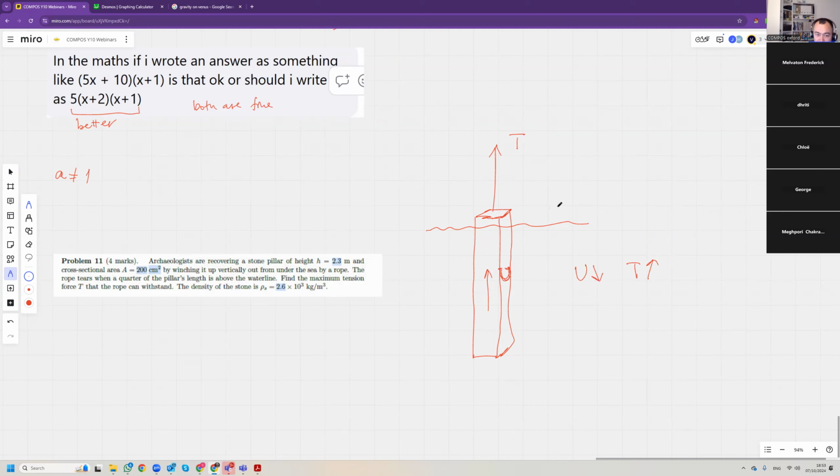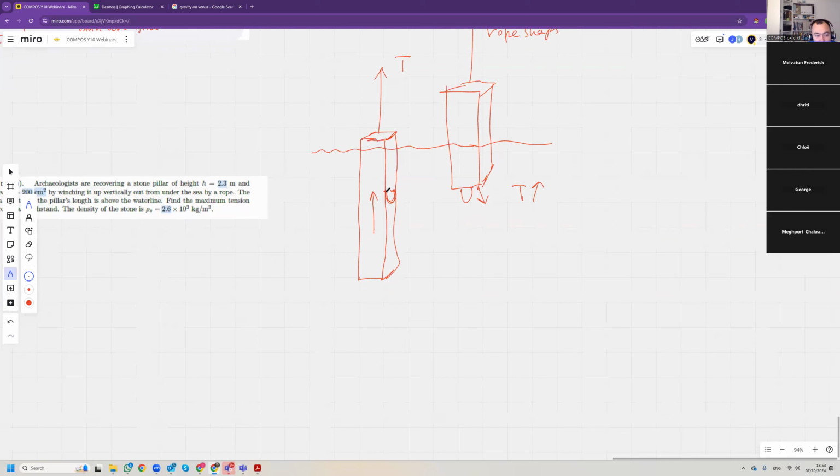And at some point, when it's halfway out of the water, or mostly out of the water, the tension gets so big that the rope breaks, the rope snaps. So what you need to do is remember the formula for U, the upthrust force, and how it depends on the volume.